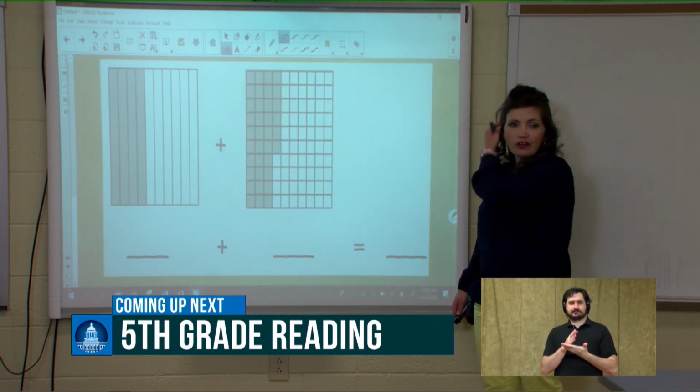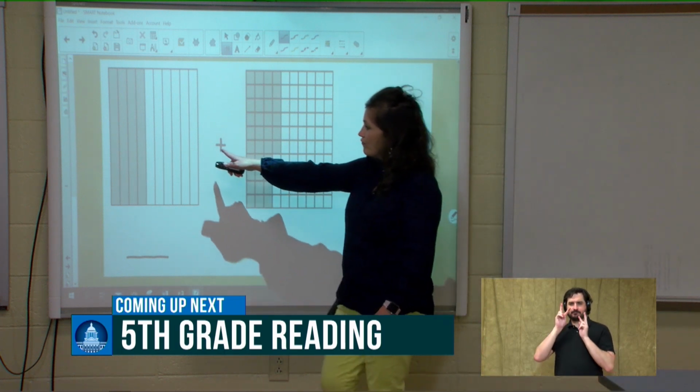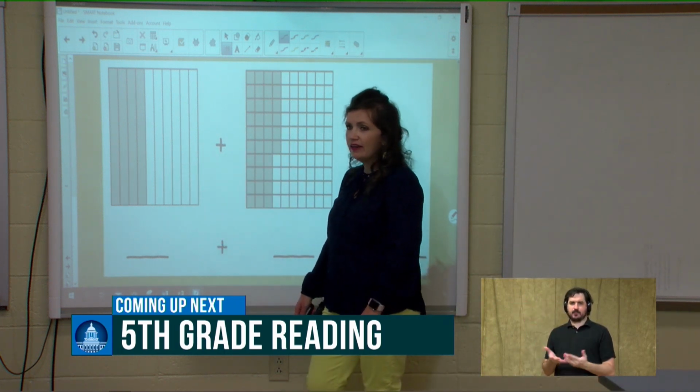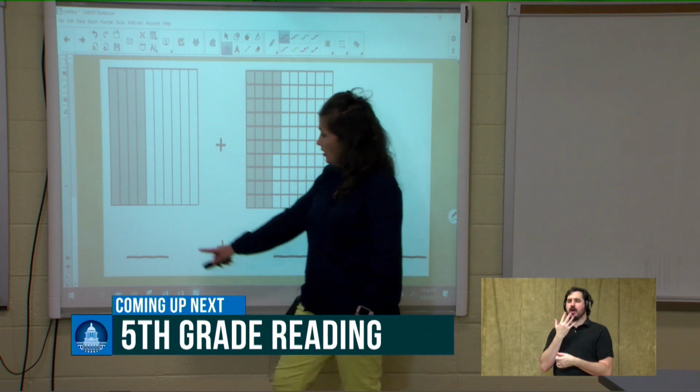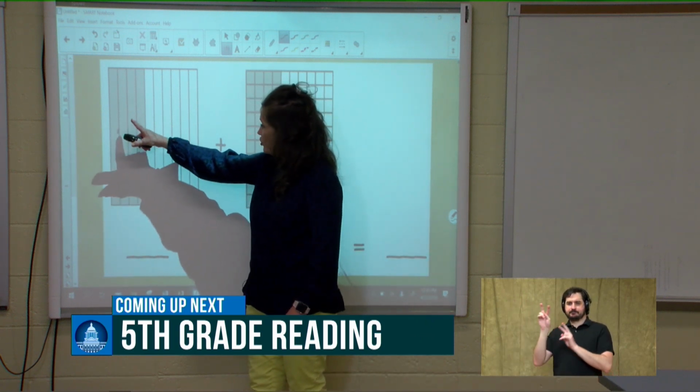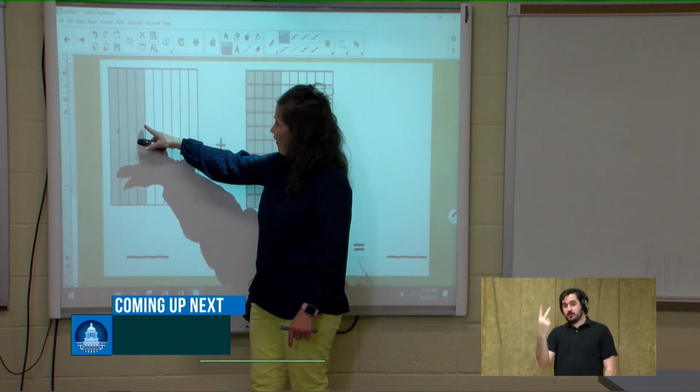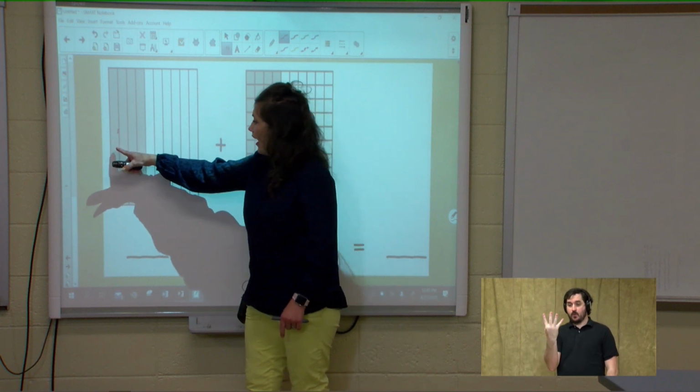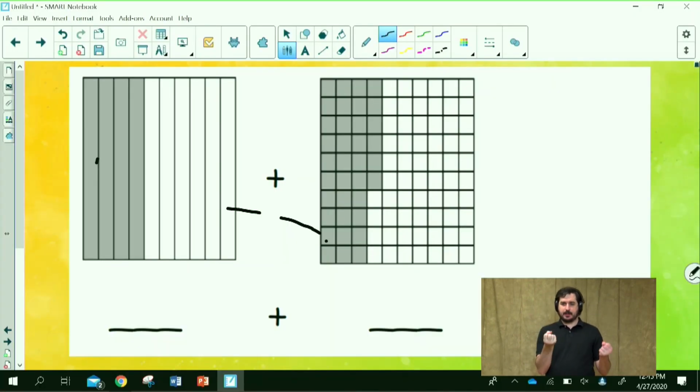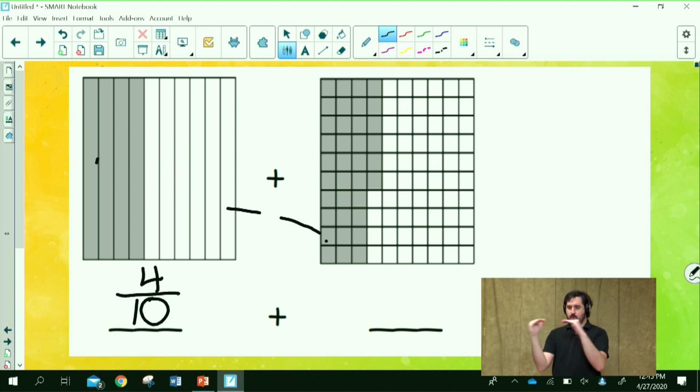All right. So let's look over here. What fraction do we have shaded? Let's see. 1, 2, 3, 4. How many total are there? 10. So I have 4/10 shaded. All right. How many do I have shaded over here?